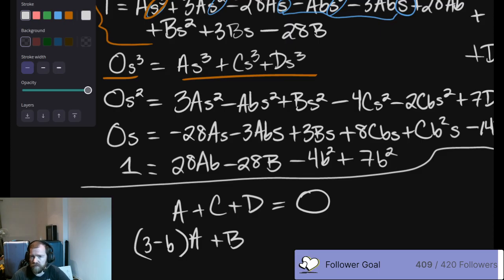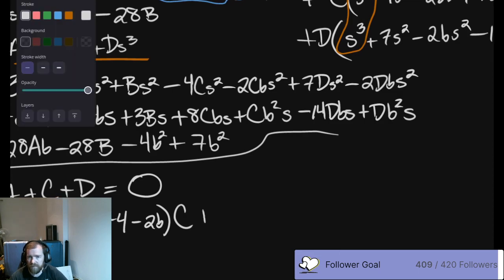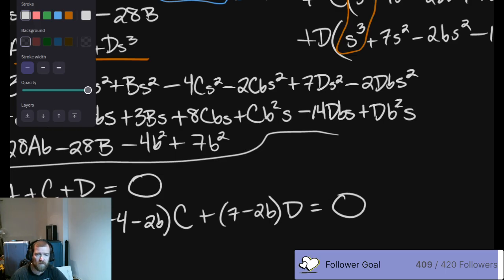The c is in two places. Let's do plus parentheses negative 4 minus 2b parentheses c plus parentheses 7 minus 2b times d, and that all has to equal 0 when it gets summed up.